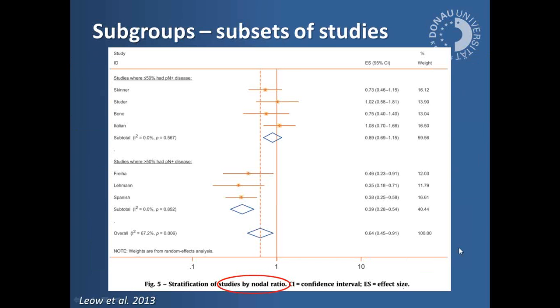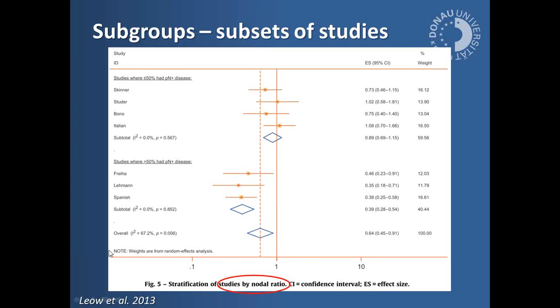This is another example, and it is clinically important because there's the rationale in muscle-invasive bladder cancer that patients with positive lymph nodes should get chemotherapy, and maybe they can profit more than patients with lymph node negative.